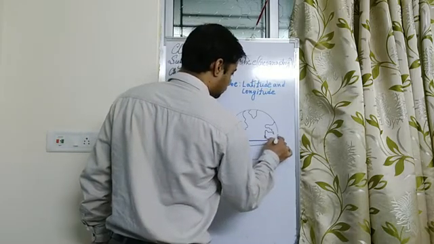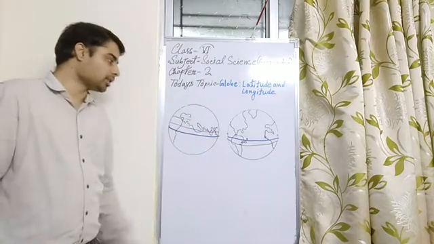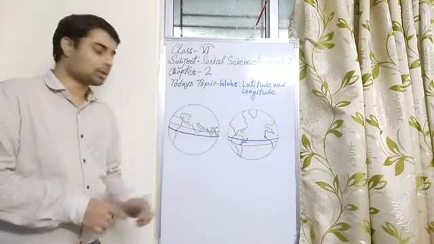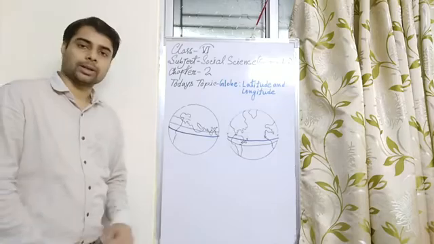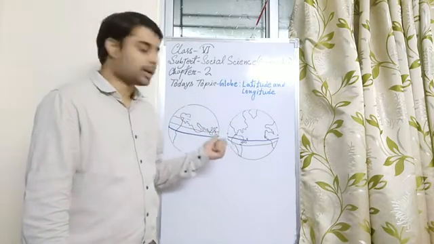One place is situated in the north of the equator and another one is situated in the south of the equator. And look carefully, this one is situated in the northern hemisphere.